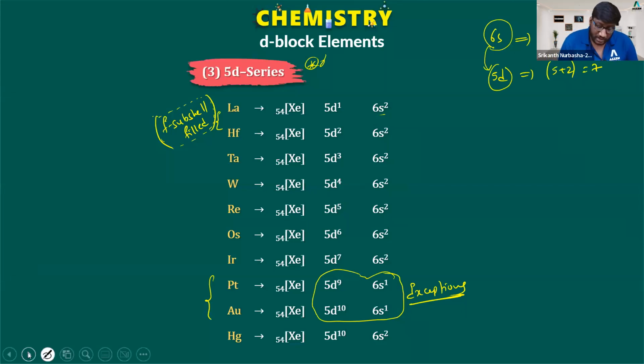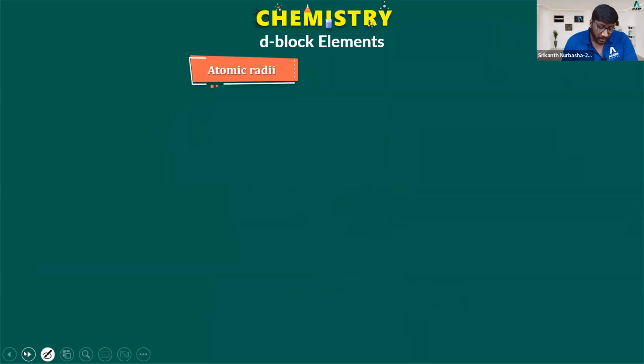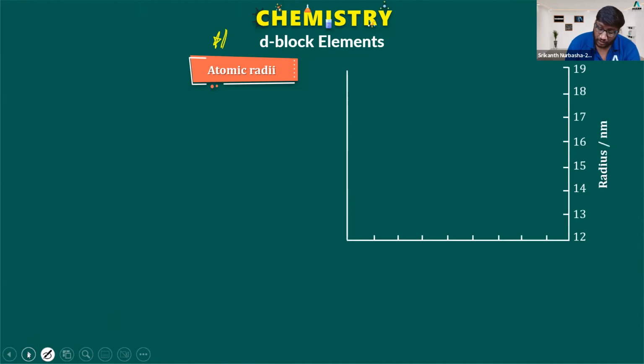Right, very good. So these are the exceptions we see in the electronic configurations of d-block elements. Like in the d5 configurations, we have seen the exceptions in metallic bonding, enthalpy of atomization, and melting point. Now the next important point is atomic radius or atomic radii. If you look at the graph first, you will get an idea.